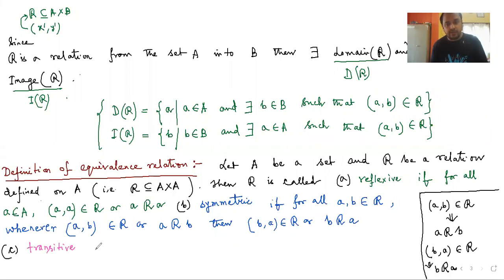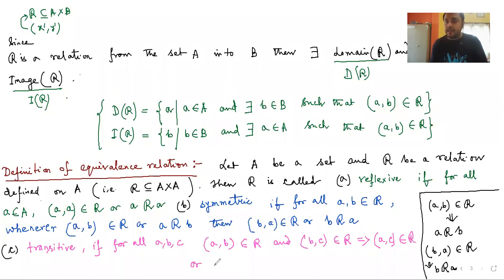The relation R is called transitive if for all a, b, c, (a, b) belonging to R and (b, c) belonging to R implies that (a, c) belongs to R. Or we can write it in another way: a is related to b and b is related to c implies that a is related to c.